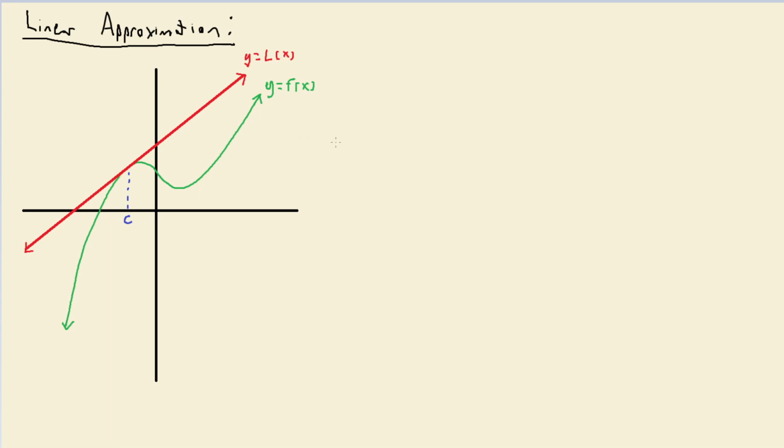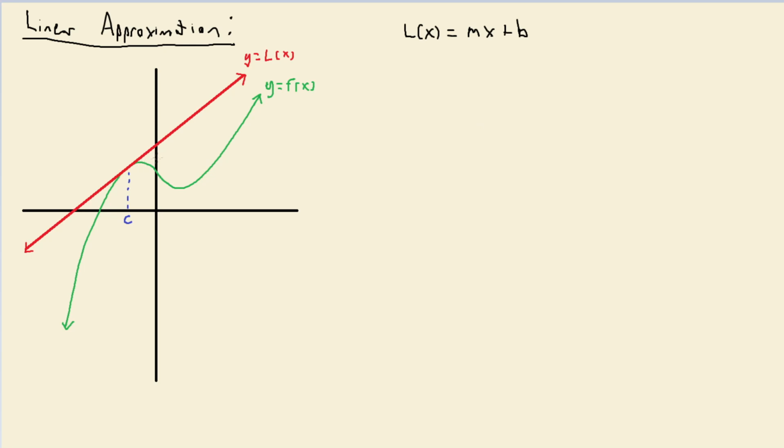So let's do it. We know that the equation for a line is going to follow the form L of x here is going to look like mx plus b. That we know. That's just basic algebra. But now we're going to be in the business of seeing what we know about this function already.